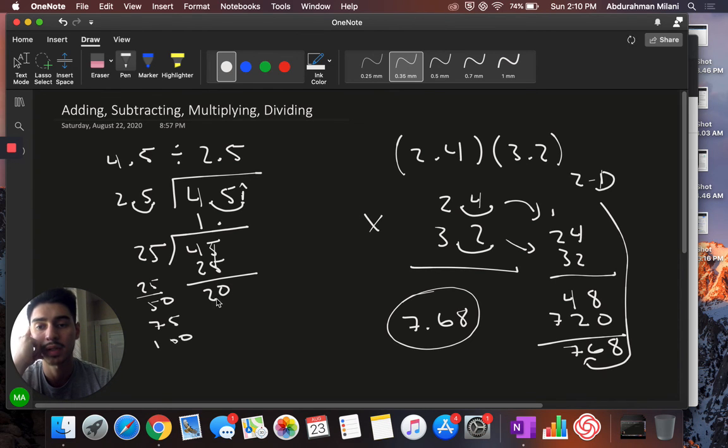But we still got to keep going because we can't stop with the remainder of 20. So what we do is we put a decimal and we add a 0. So now we got to divide 200 by 25. Since we have 4 to 100, we can double that 100 to 200 and double that 4 to 8.